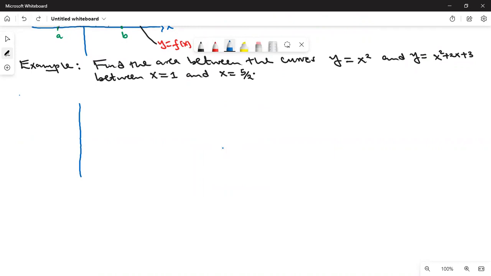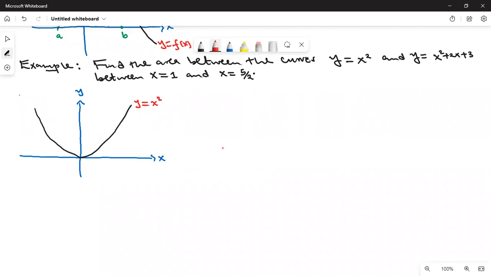So we start by drawing y equals x squared. You must know how to sketch those graphs. So this is y equals x squared.